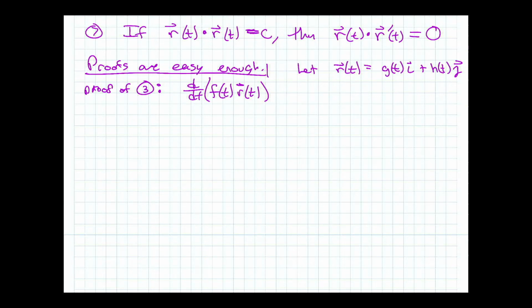So if you were going to do this derivative, then that would be the derivative of, if you multiply this f times this r, the f would get distributed on both components. So you would have f of t g of t i plus f of t h of t j, and we don't have a k component.